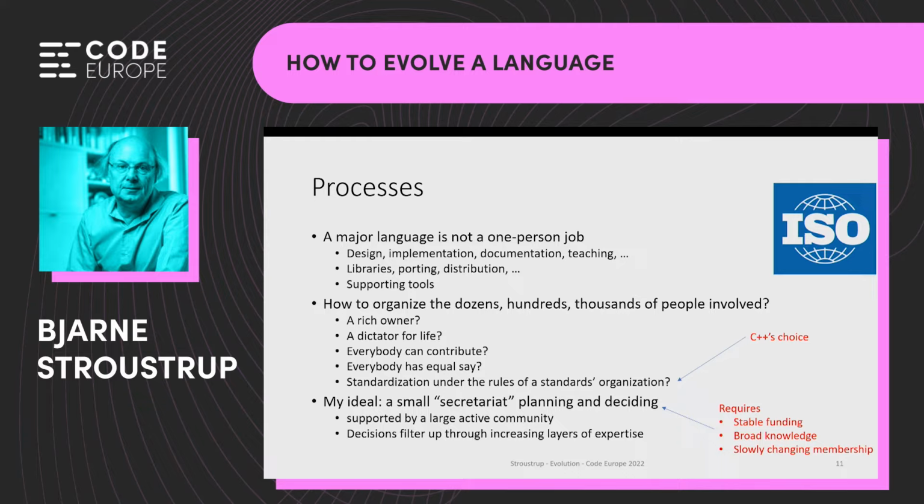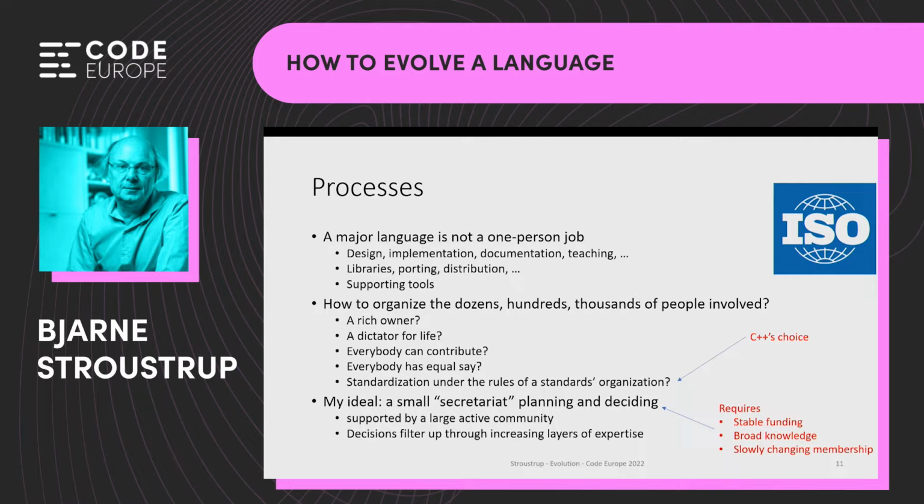You see here the kind of things that you run into rather quickly when you get users. And C++ did not have a rich owner, did not have a sort of sugar daddy that would throw millions of dollars into development. For a long time it was me, then it was me and a couple of friends and such. But once we are over that, we have many, many people involved.